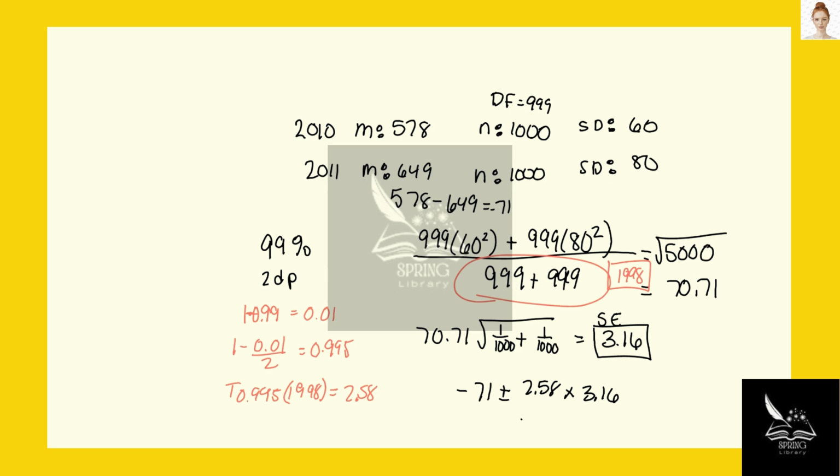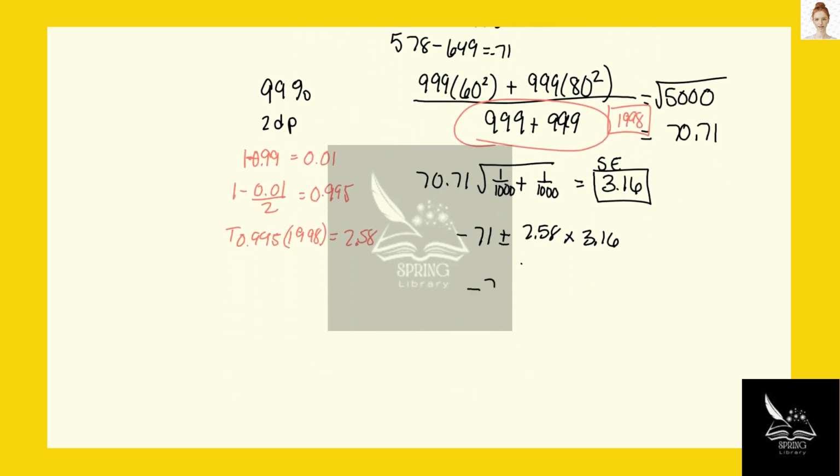So negative 71 plus or minus 8.15. And so your confidence interval is going to be negative 79.15, comma, negative 62.85.